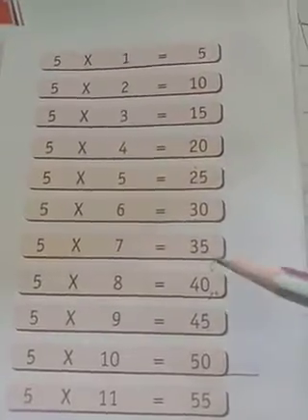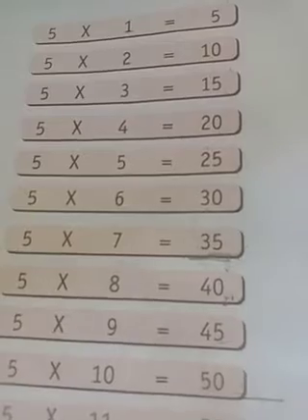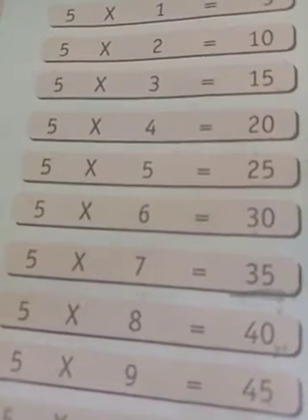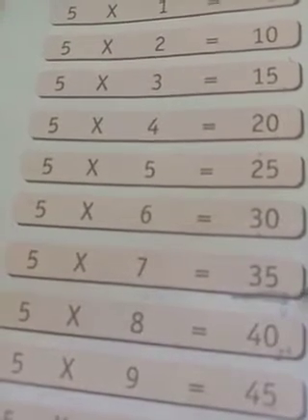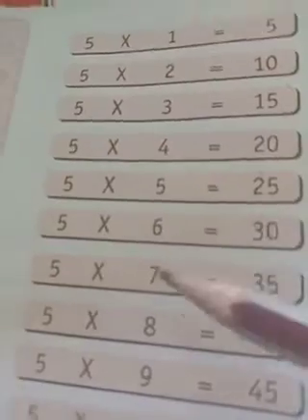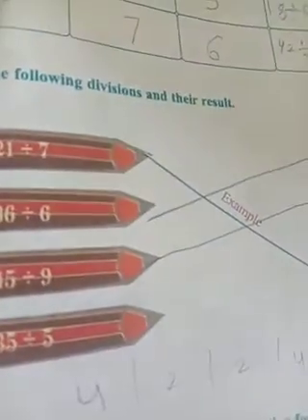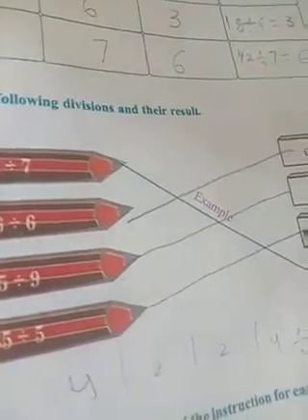So learn the 5 table, children. 5 1s are 5, 5 2s are 10, 5 3s are 15, 5 4s are 20, 5 5s are 25, 5 6s are 30, 5 7s are 35. 7 times. So the division result is 7. 35 divided by 5 equals 7. Do you understand, children?